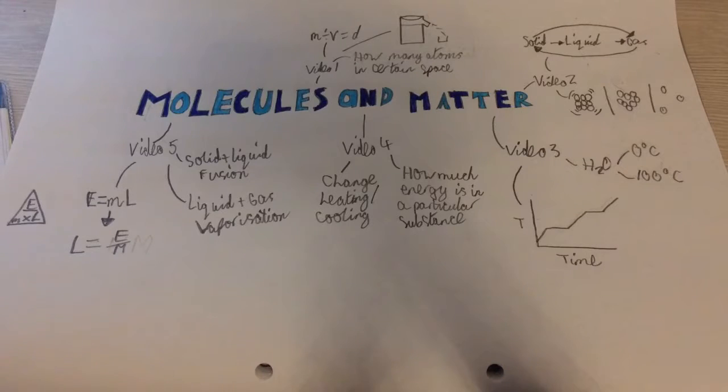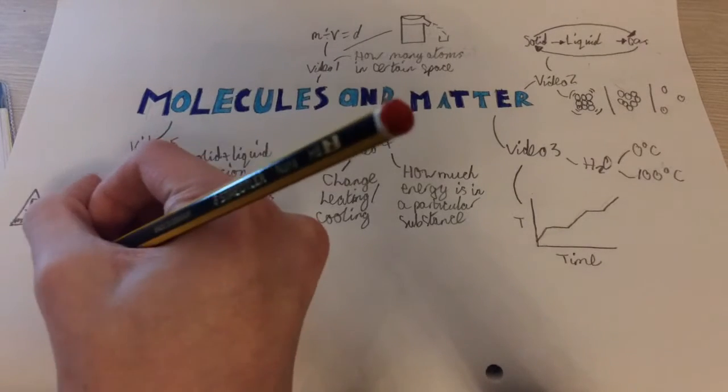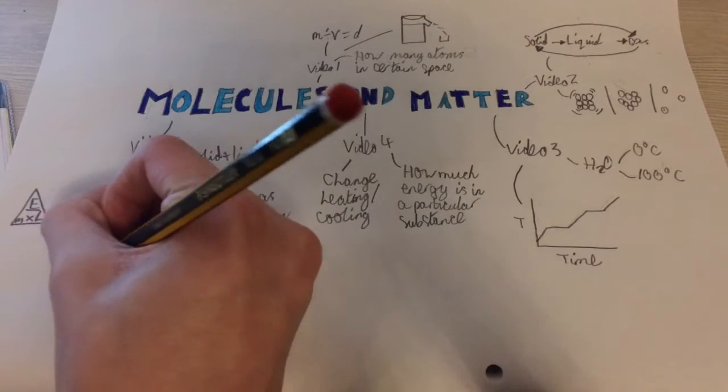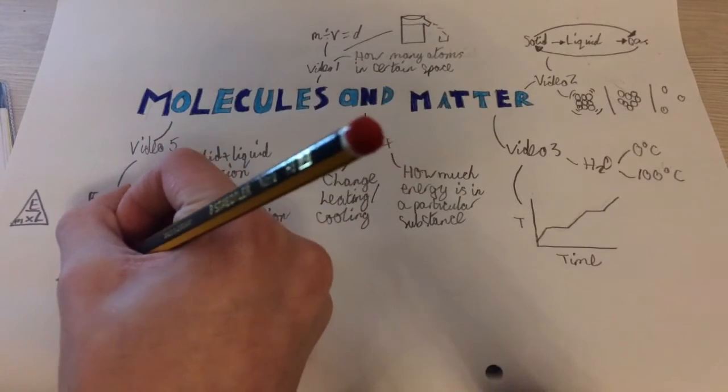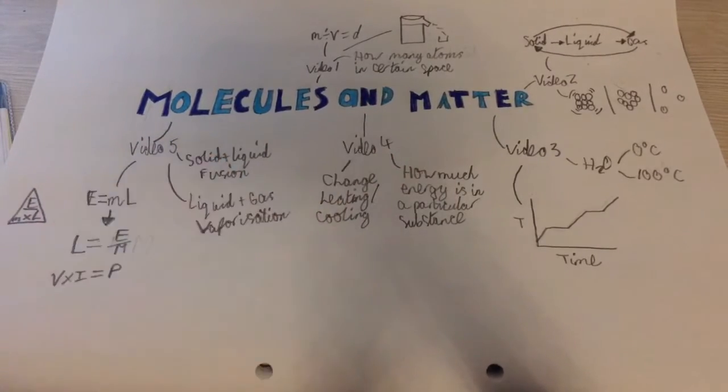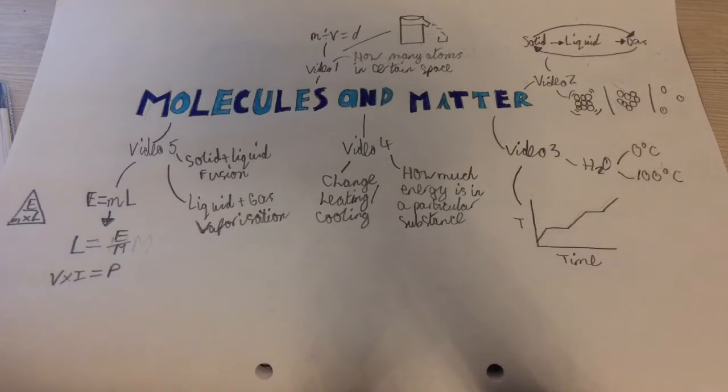First of all, in your circuit, you'll need to put in an ammeter and a voltmeter so you can measure the potential difference and the current. Then you times the two together, so the voltage times the current, which will give you the power rating, which is in watts. Now, an alternative unit for watts is joules per second.